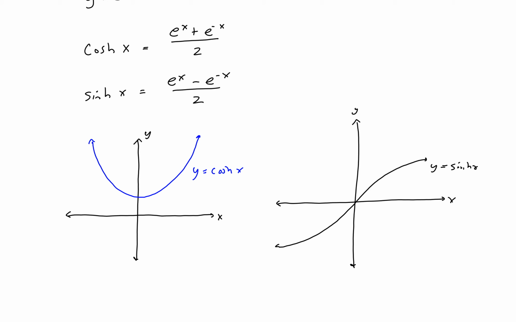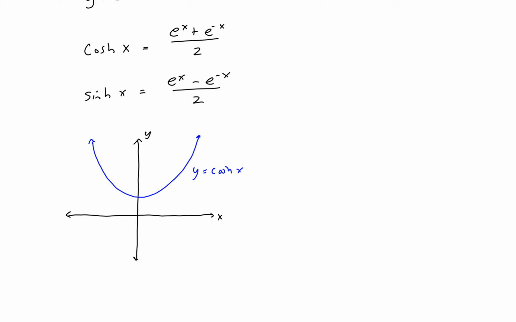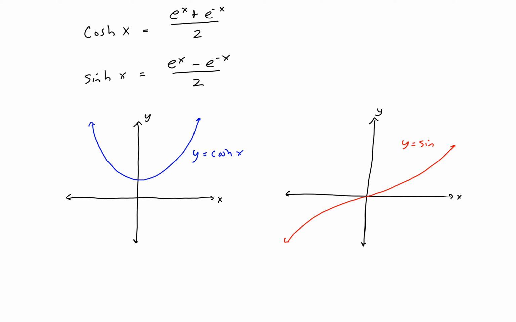I misdrew this. Let's redraw this. So there shouldn't be an asymptote. They should be going off towards infinity, which is what we'll see. So it should go something like this. So that's what our hyperbolic sine looks like.